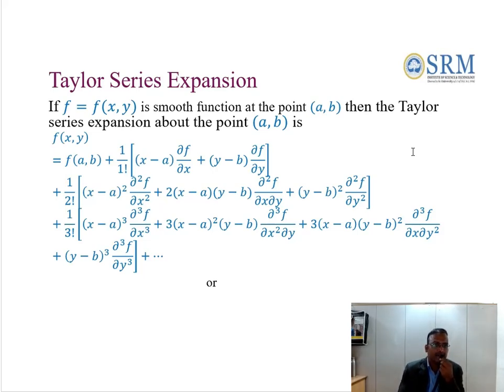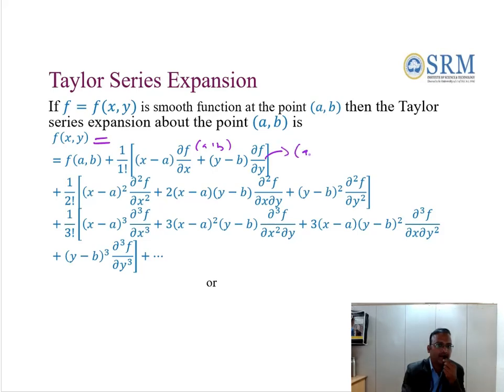Then the Taylor series expansion about the point (a, b) is f of (x, y) equal to f of (a, b) plus 1 by 1 factorial into [(x minus a) ∂f/∂x plus (y minus b) ∂f/∂y]. See, ∂f/∂x at the point (a, b), that is the meaning, okay?